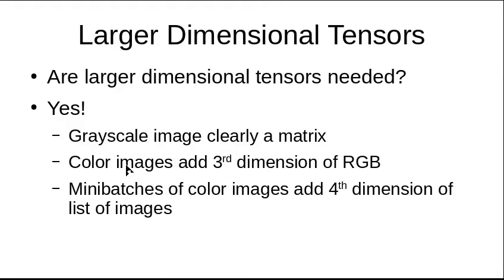So that makes color images a three-dimensional tensor. And typically we process neural networks using mini batches, and if we do a mini batch of color images, that list of color images adds a fourth dimension. So a list of color images is essentially a four-dimensional tensor.